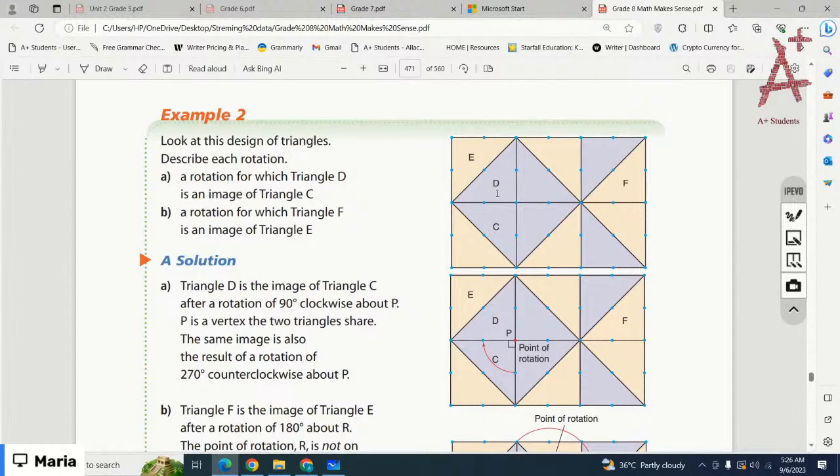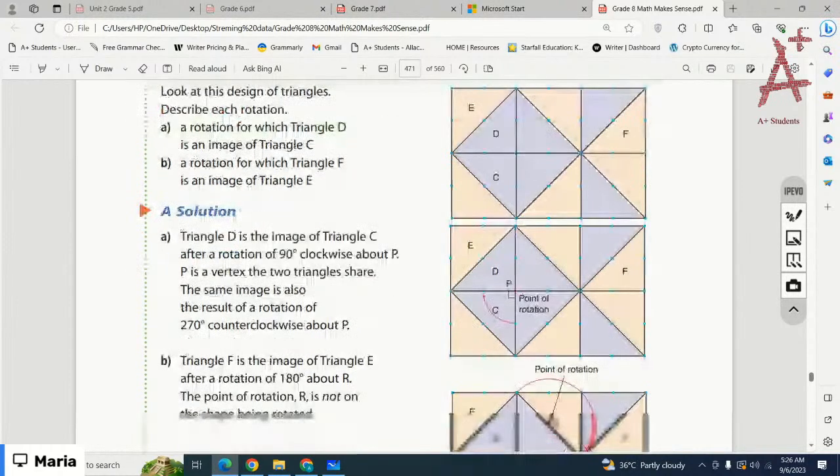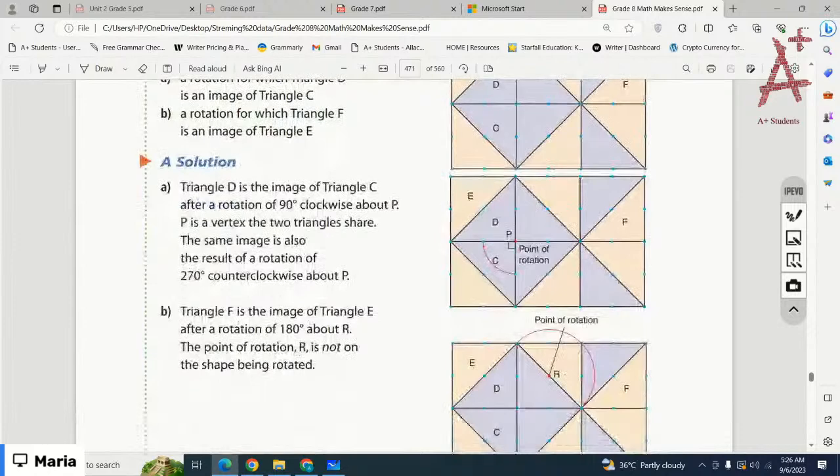So D is the rotated image of C. Okay, then triangle F is the image of triangle E. That is the point of rotation. You have to move from here to here, right? The point of rotation R is not on the shape being rotated.